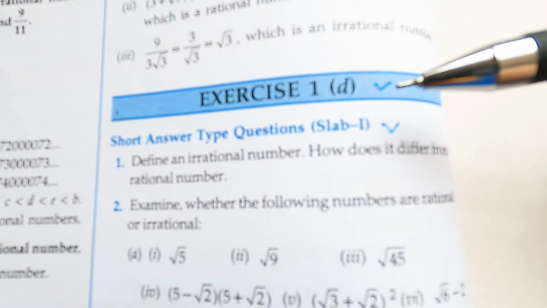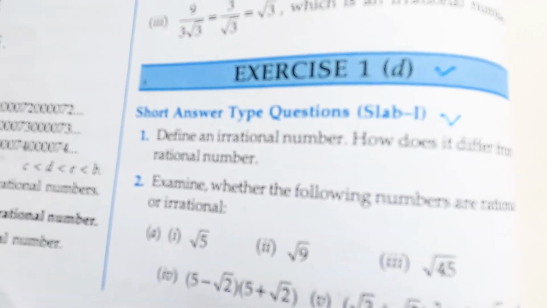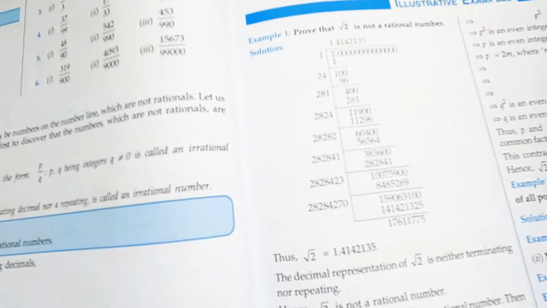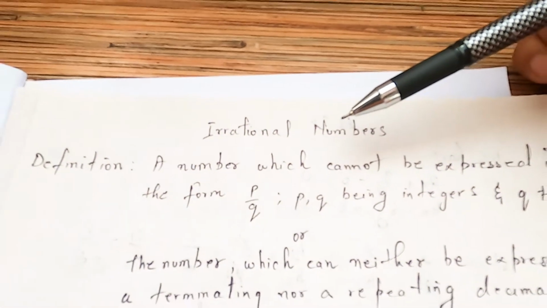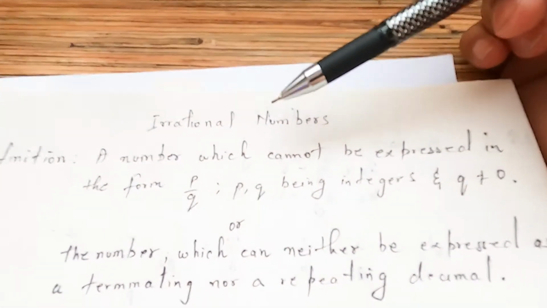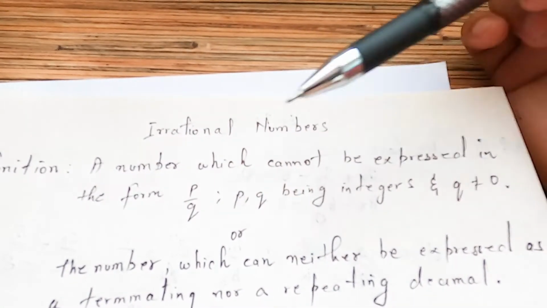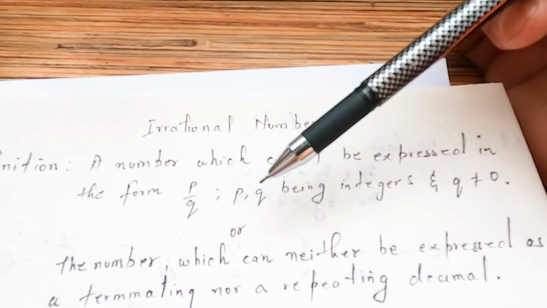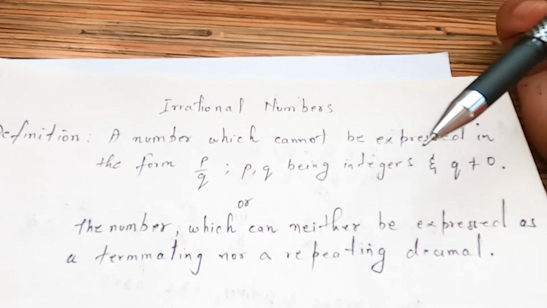Alright, so before starting with exercise 1D, we should know what irrational numbers are. The definition of irrational numbers: a number which cannot be expressed in the form p by q, where p and q are integers and q is not equal to 0.